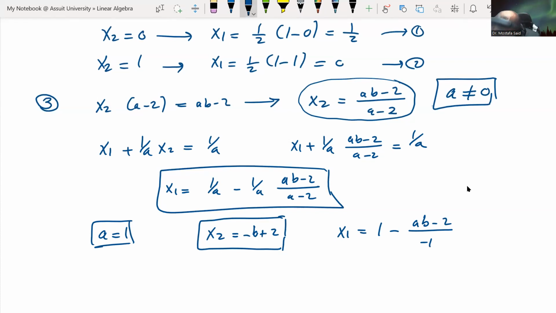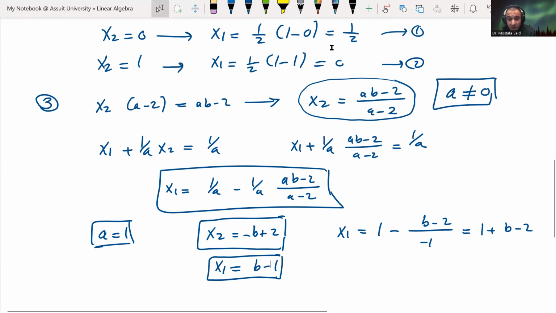Sorry for this. And then here also we should correct this because a now is 1, so we should remove this. So we have 1 plus b minus 2, so x1 will be b minus 1. That's a unique solution. If you put b equal to 0, x2 will be 2, x1 will be minus 1, and so on. It's still parameterized, but based on a and b, we're going to find a unique solution.